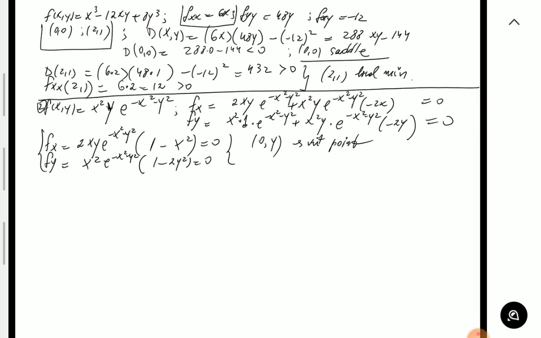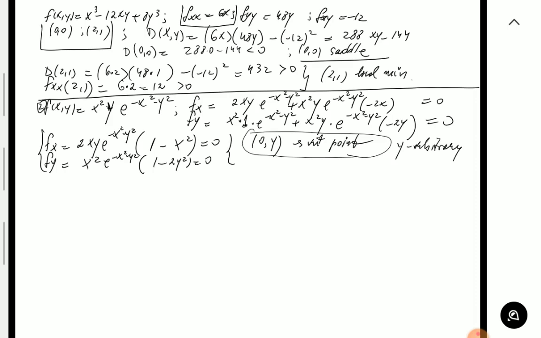If y is 0 by itself, that cannot be, because y equals 0 makes partial x 0, but then partial y can never be 0, unless x is 0, but that's already taken into account. So the point (0, 0) is already included when you realize that x equals 0 and y arbitrary is a critical point.